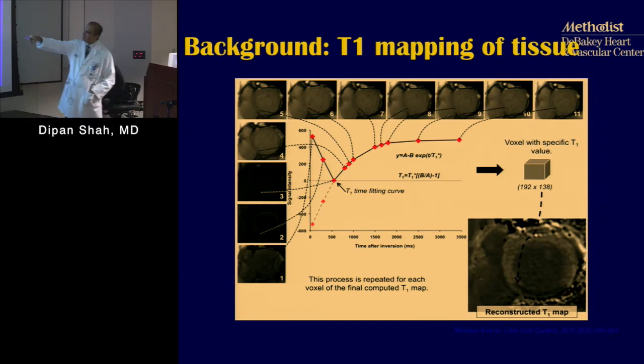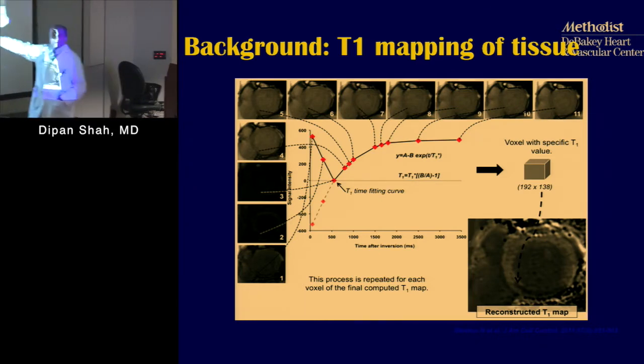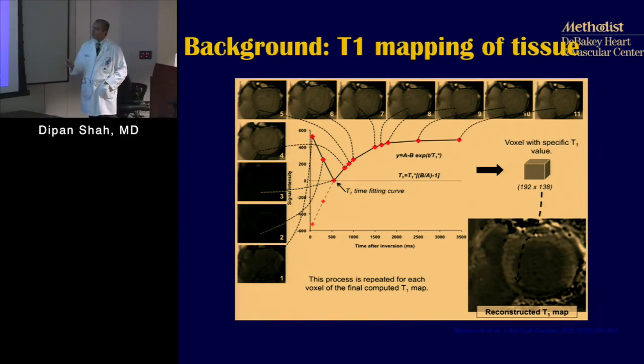You can acquire a series of images at differing time intervals after you apply the inversion pulse. So you can map the rate of recovery within any given pixel. All right? And this allows you to identify what the T1 value is within any given part of the myocardium.